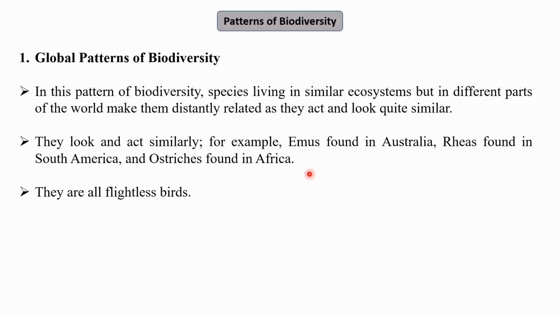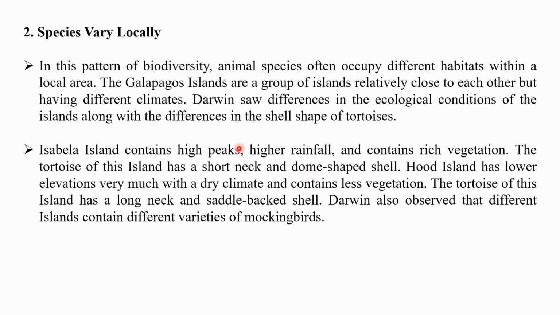The second pattern of biodiversity is local variation. So species vary locally. In this pattern of biodiversity, animal species often occupy different habitats within a local area. So within the same local area, different animal species occupy different habitats.